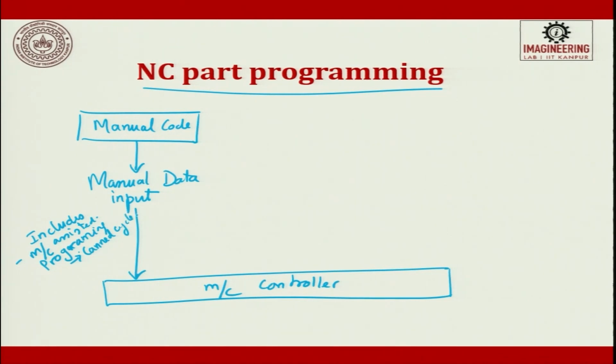We will see what a canned cycle is a little later, and then we will also have MCD, which is nothing but machine control data. People otherwise call it code data also. This is manual.